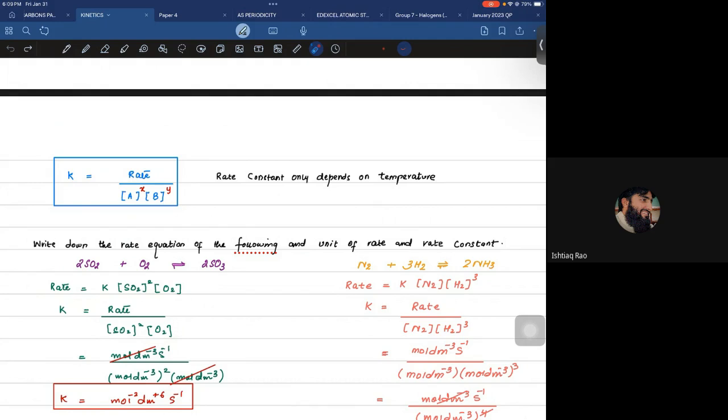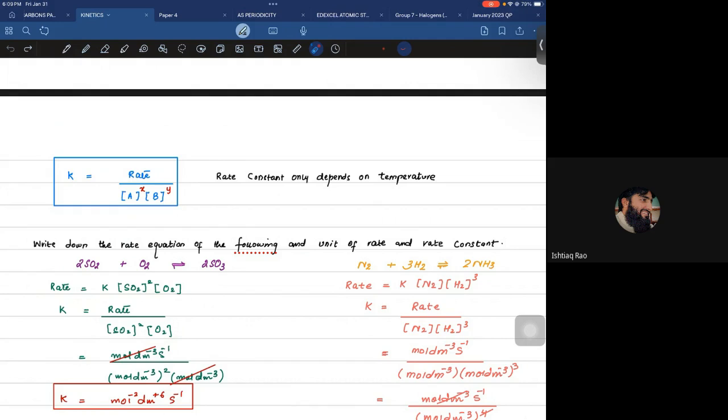Concentration means mole per dm cube, and time we can measure in seconds. So that's why the unit for rate is mole per dm cube per second.